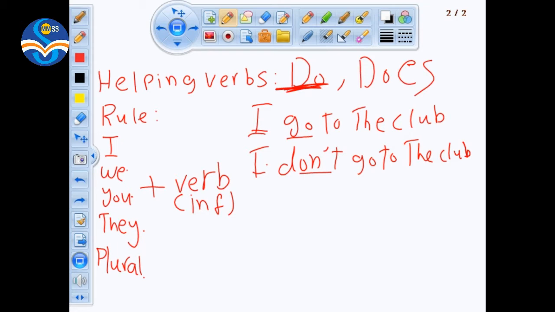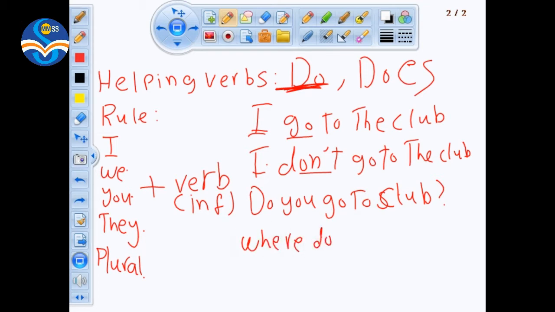What if I would like to say this sentence but in the question form? I've got two options, whether to say do you go to the club, or whether to say where do you go. So we've got two forms of the question.